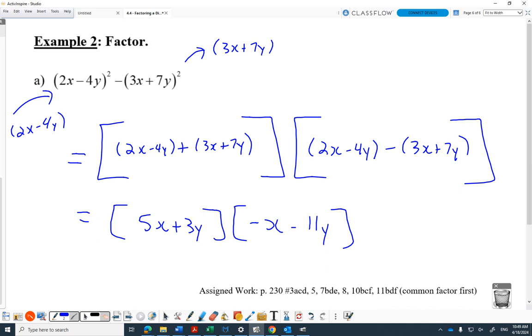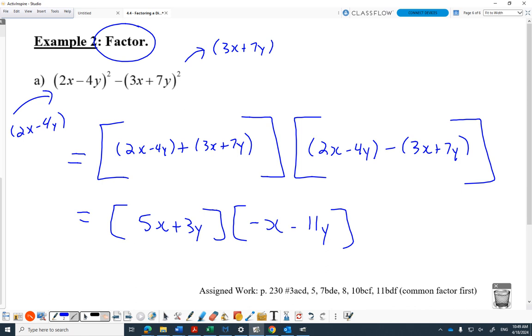You could then FOIL, except the question said factor. So when it says factor, we're trying to move towards being factored, not FOILing it back out. Factoring is finding the other things that add to the thing. Beautiful sentence except for one word. Factoring is the process of finding the things that multiply to the thing.